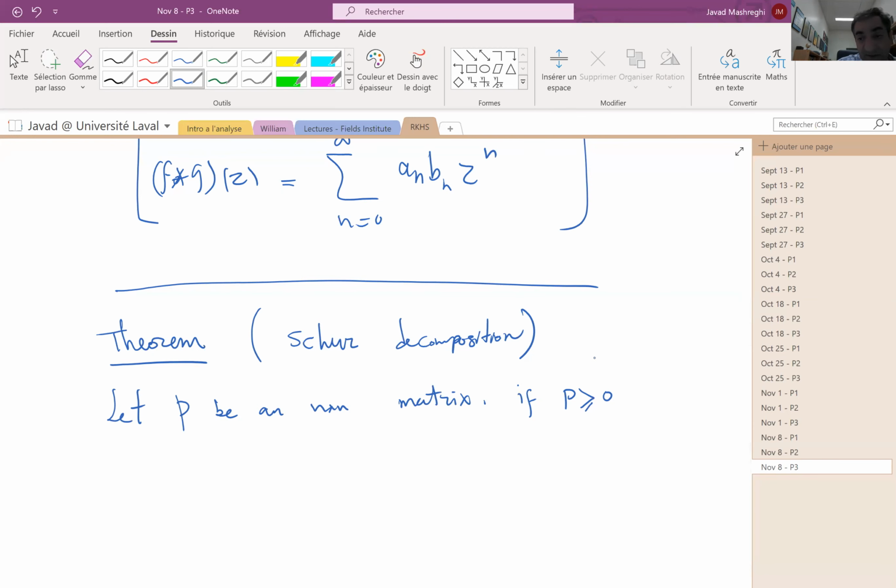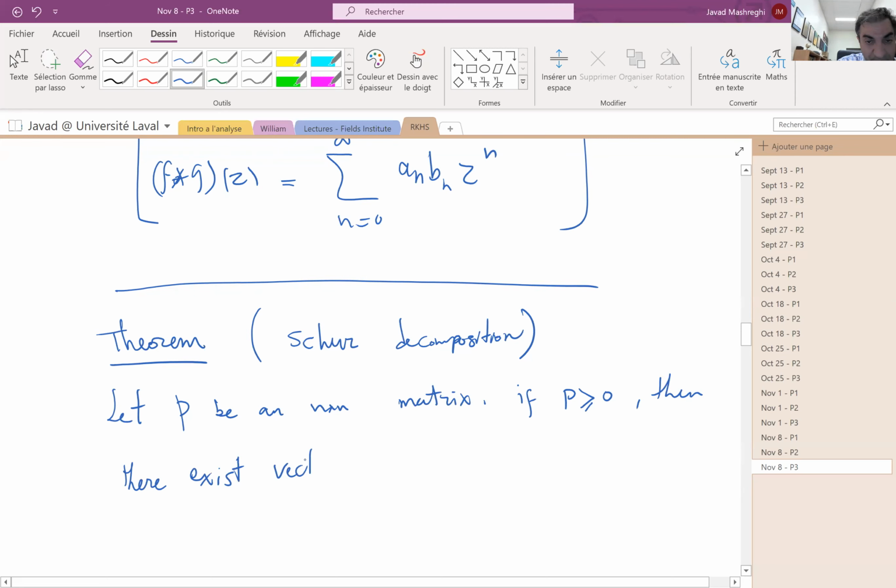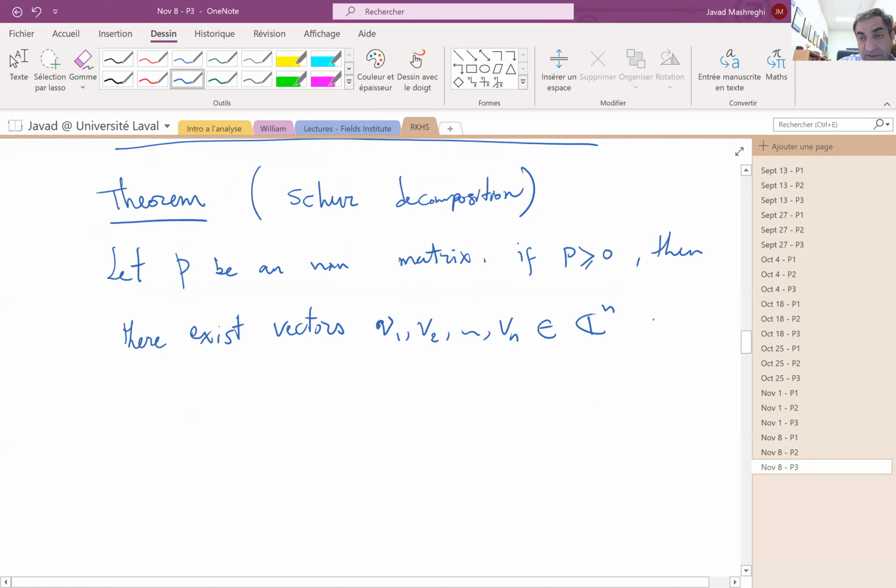Then there exist vectors V1, V2, up to Vn in C^n, such that P is equal to the sum k from 1 up to n of vk vk star.